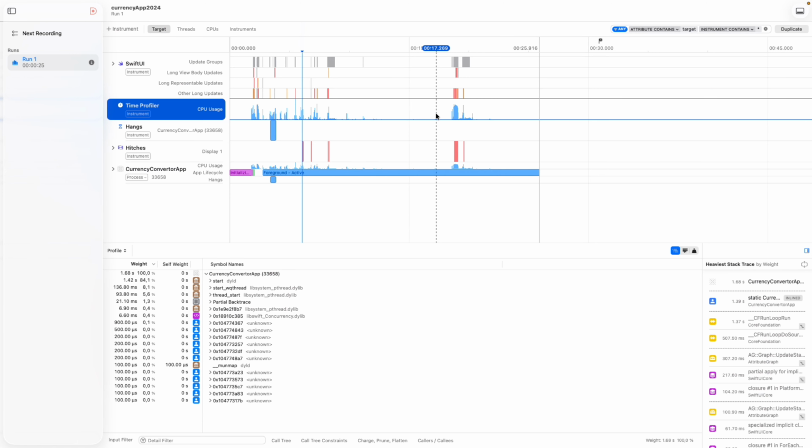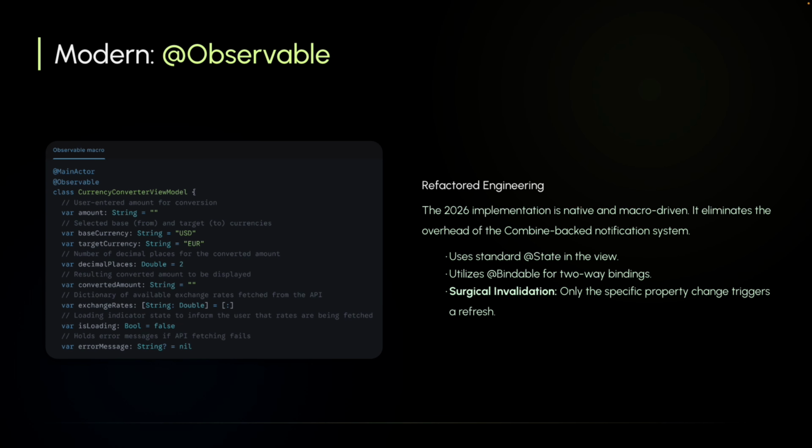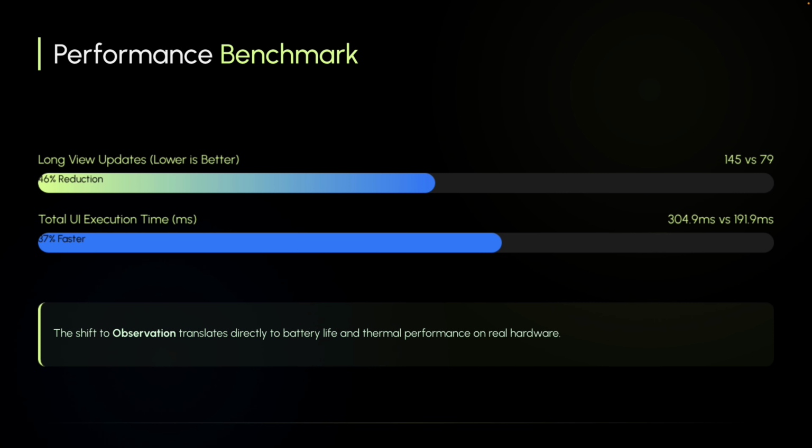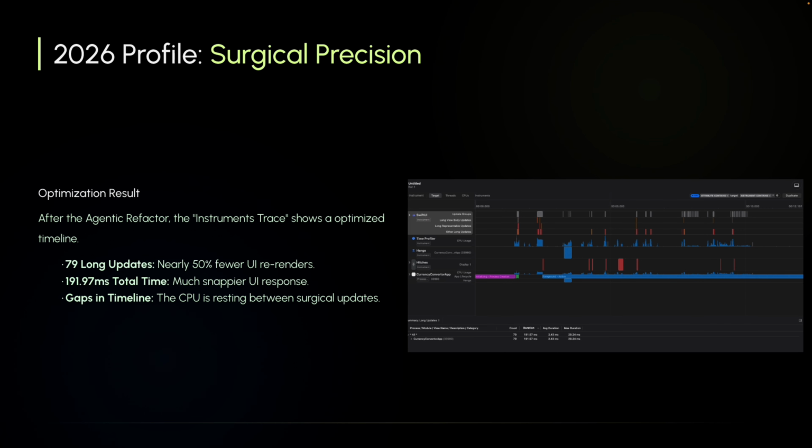So that's it. And look at the result. We've deleted the Combine imports and published noise. The code is cleaner, but the data is what matters. We went from 145 updates down to 79. This is a 45% reduction in UI workload. The wall of orange is gone and our CPU is finally resting.